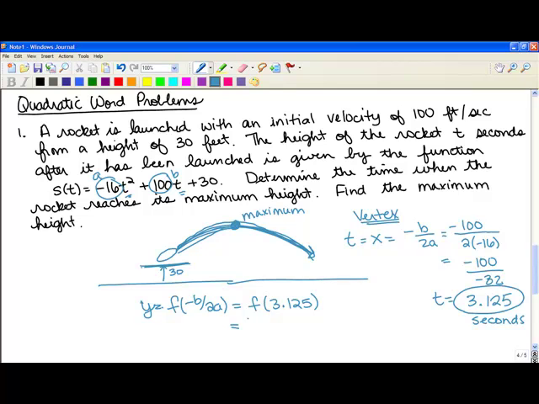Alright, so when we plug it in to the function, it's negative 16 times 3.125 squared plus 100 times 3.125 plus 30. Now we can go to the calculator and figure out what this is.